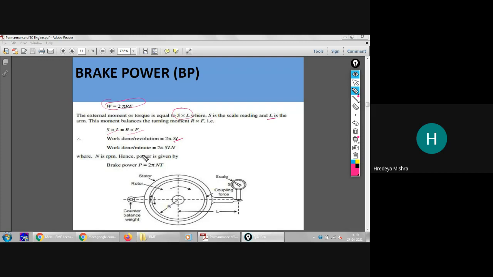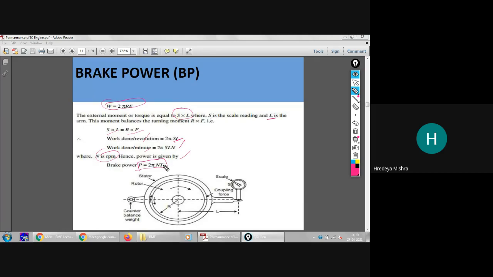Work done per minute, so what happens? 2 pi L S N. Revolution means speed is here. This is per revolution, this is per minute. Where N is in RPM, hence power is given, brake power is calculated, P equal to 2 pi N into T. Why do we divide by 60?